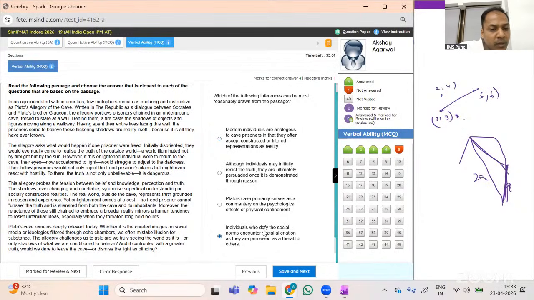Whether it is curated, it could be D also. I'm a little confused here. Plato's cave remains deeply relevant today, whether it is curated images on social media or ideologies filtered through echo chambers. We often mistake illusion for substance. The allegory.